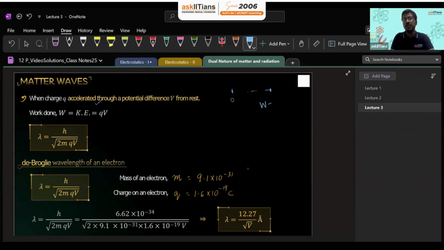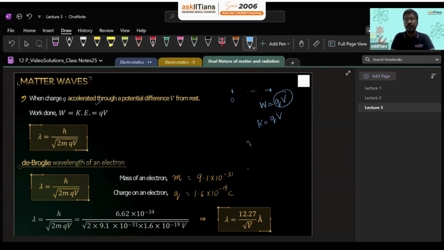The work done is equal to q times v, where v is the potential difference through which this charge is getting accelerated. This work is entirely stored as the kinetic energy of the particle. So k is equal to q into v.